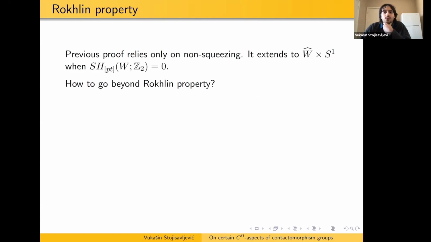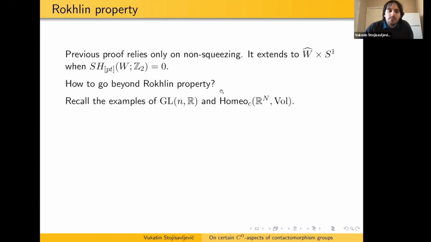Okay, so how to go beyond the Rokhlin property? Well, we need to recall how in the first examples we were actually showing the Rokhlin property. These were the two examples, and the way we showed it is we said, here we have the spectrum, it's preserved.